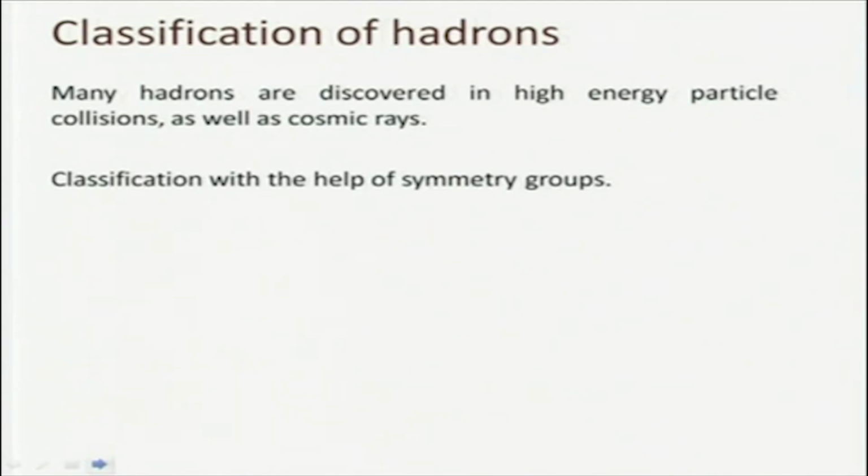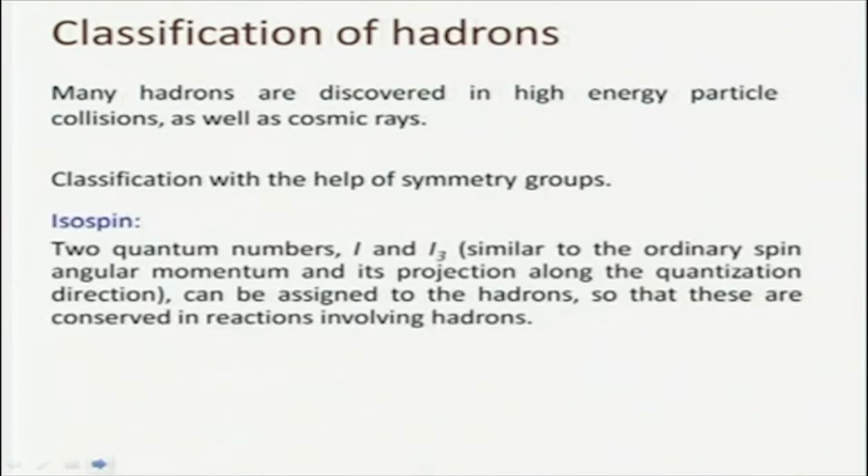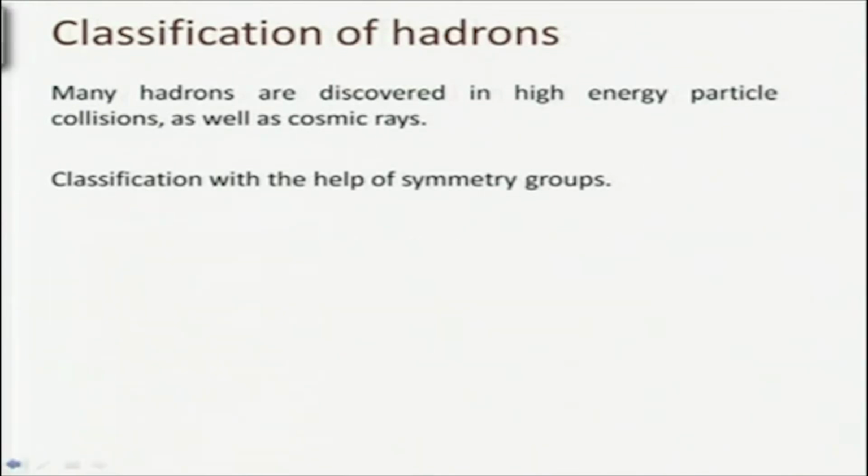What are cosmic rays? Cosmic rays are particles which are actually coming from outside the Earth's atmosphere, could be partly from the solar system, the sun itself, from the nuclear reactions of sun.